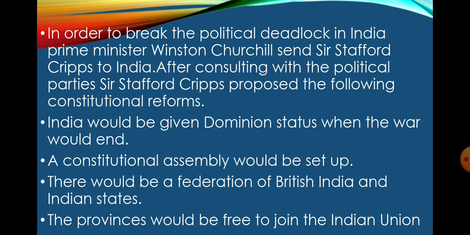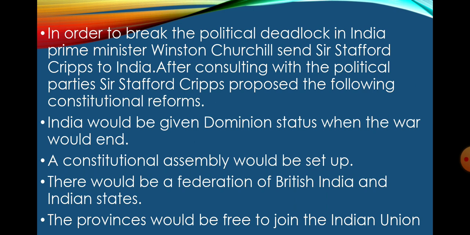In order to break the political deadlock in India, the British Prime Minister Winston Churchill sent Sir Stafford Cripps to India. Sir Stafford Cripps was a minister of the British Parliament.